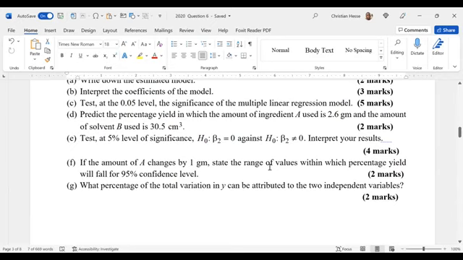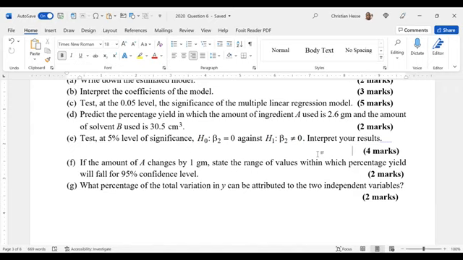Test at 5% level of significance H naught: beta 2 is equal to 0 against H1: beta 2 not equal to 0, and interpret your results. Beta 2, what does it represent in our model?